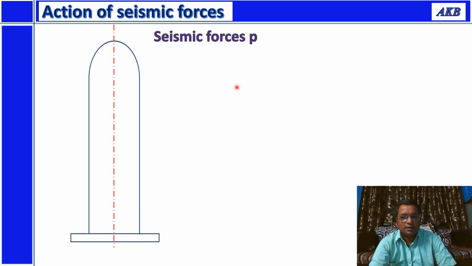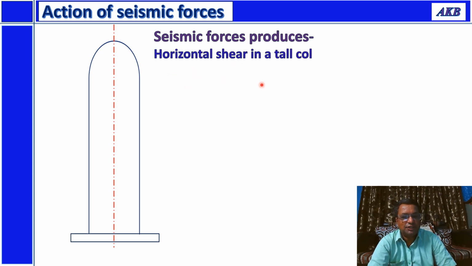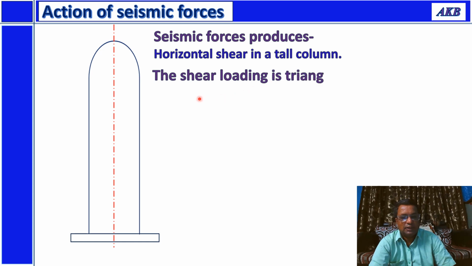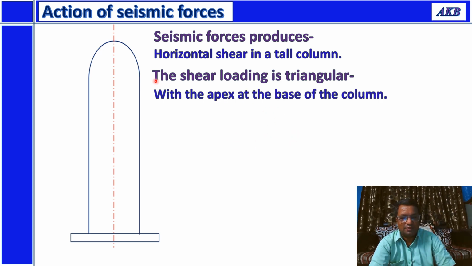Then seismic forces produce horizontal shear in a tall column. So under the action of seismic forces, a horizontal shear will be produced in a tall column. Now this shear loading acts in a triangular way. The shear loading is triangular.